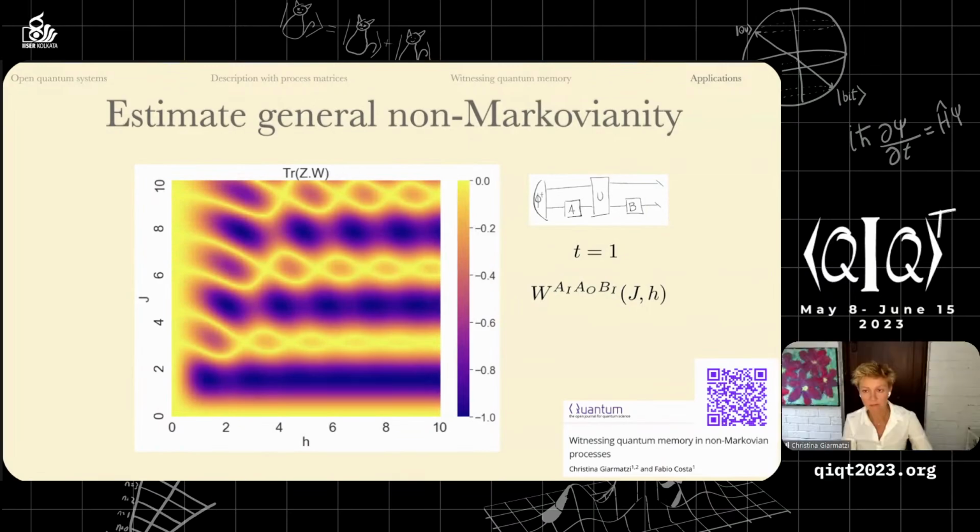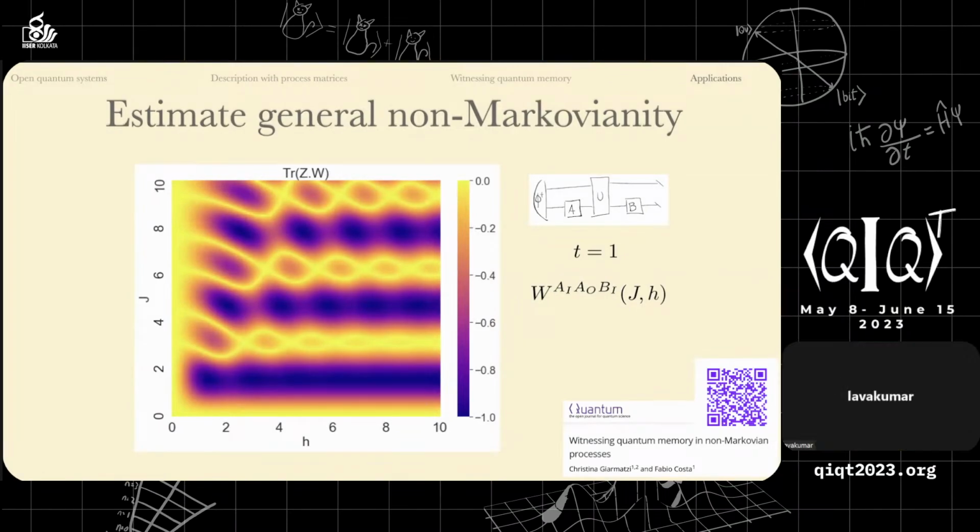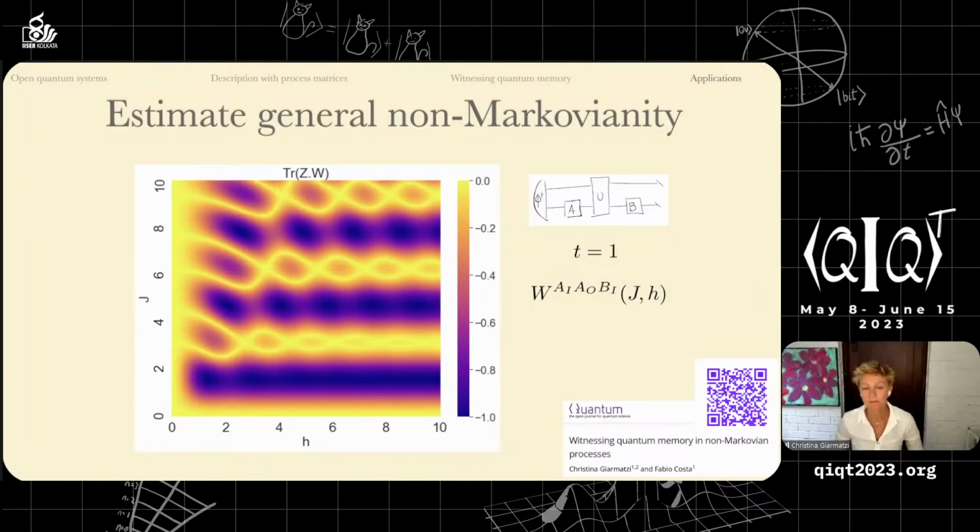So this witness uses whether the state is entangled or not, right? Yeah. Basically, the witness for quantum memory is exactly that: you see the process matrix as a state, and you try to find a witness for the state, for that big partition of the state.